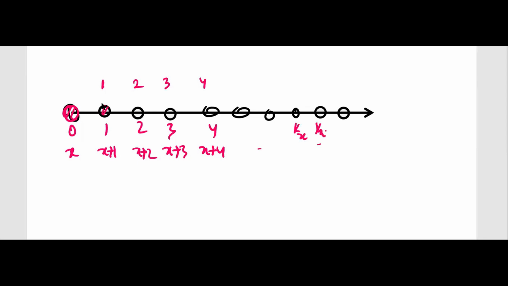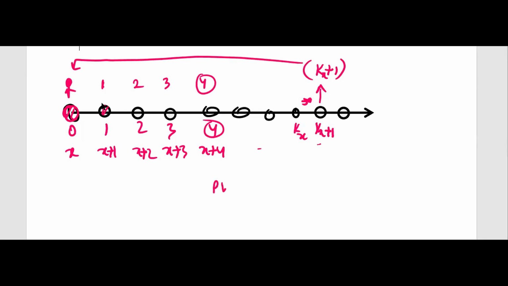So if you consider K_x, if the person dies here, you check here, 4 comes here. So the benefit will be K_x plus 1. Just write x here. You find the present value here. So PV is (K_x plus 1) into v power (K_x plus 1).